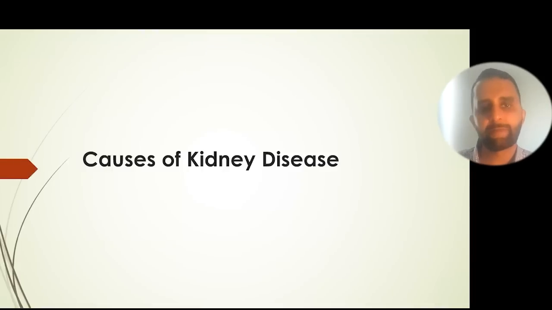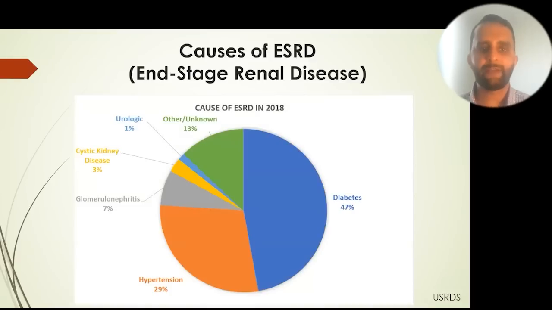So let's first talk about the causes of kidney disease. The causes of kidney disease are broken down in this pie chart here. What you can see is that the major cause of kidney disease, in blue, is diabetes. Diabetes accounts for nearly half of all causes of kidney disease. High blood pressure comes in second place, accounting for a little bit more than a quarter of cases.